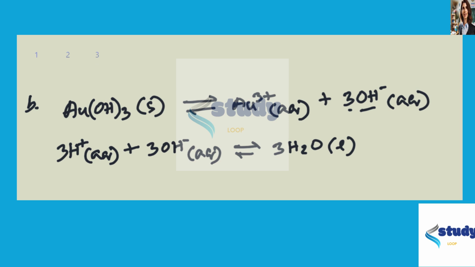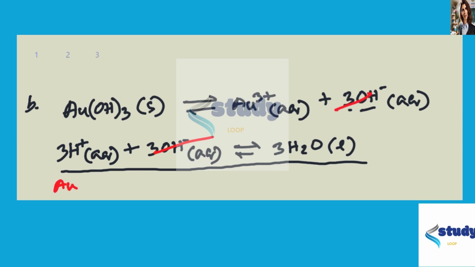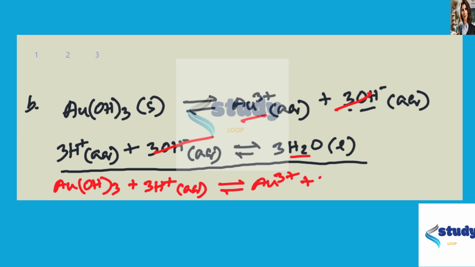Now if we sum up this reaction, we can cancel the 3OH-, and we will have ultimately AuOH3 plus 3H+ in equilibrium with Au3+ plus 3H2O.